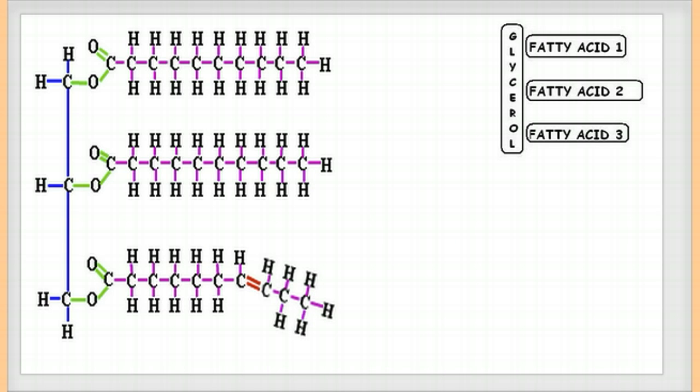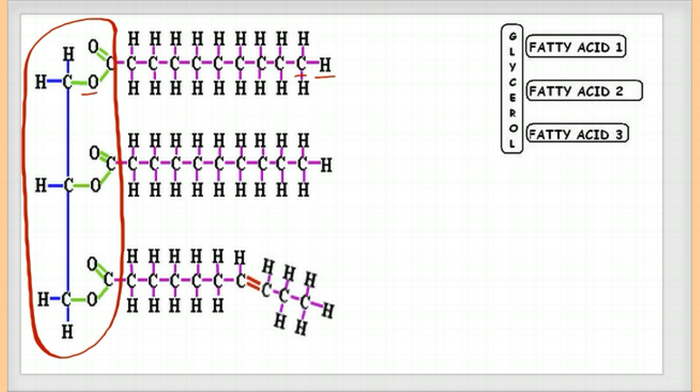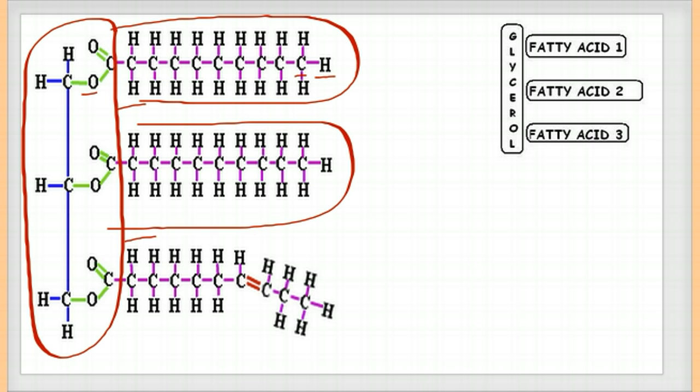They are very complex molecules. They contain hydrogen, carbon, and oxygen. But this portion here is called a glycerol, and this very complex structure here, these are called fatty acids. So this is one fat or lipid molecule.